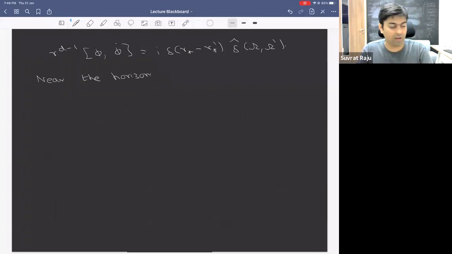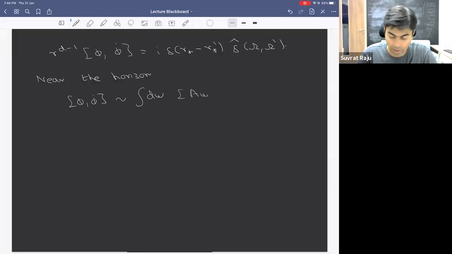There are various factors of r and so on, but the important thing that you will find is something that looks like d omega, into a omega L into a dagger omega L, and something which has an e to the i omega r star minus omega prime r star prime.